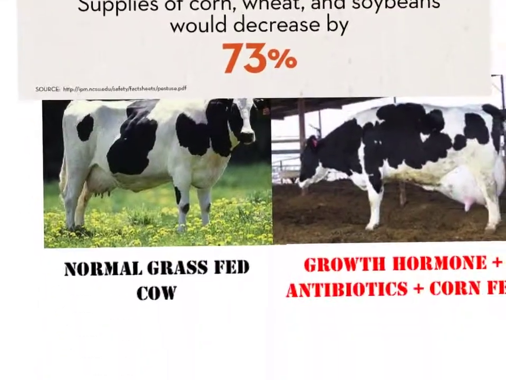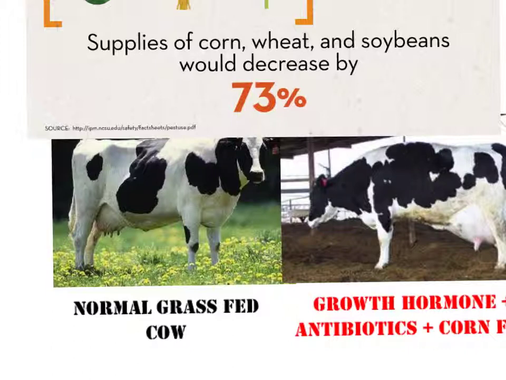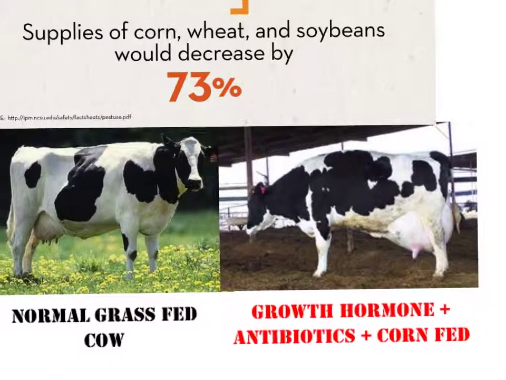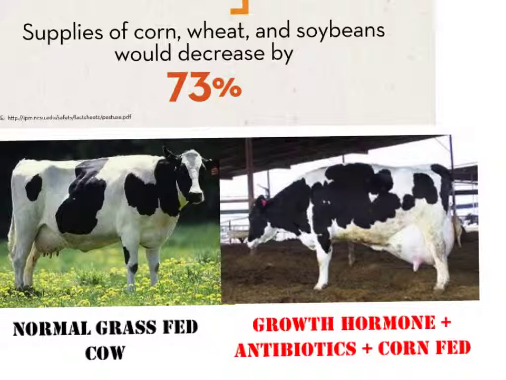Down here I've got a normal grass-fed cow, and here is a cow which is fed on growth hormones, but also antibiotics, and also on a corn-fed food, which has a higher starch content than grass.